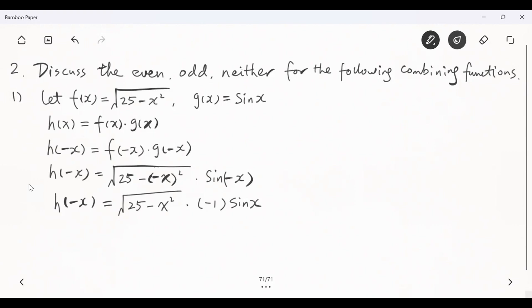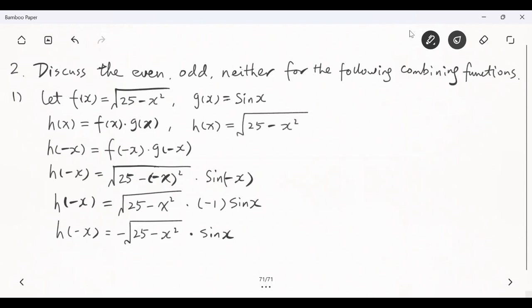Then h negative x equal negative square root of 25 minus x squared times sine x. We compare the original function, h(x), which is square root of 25 minus x squared times sine x, right?